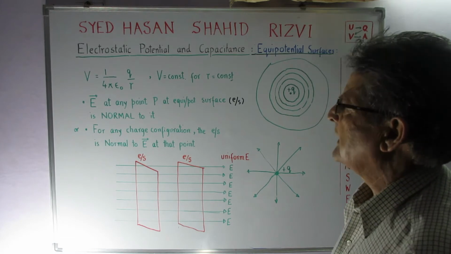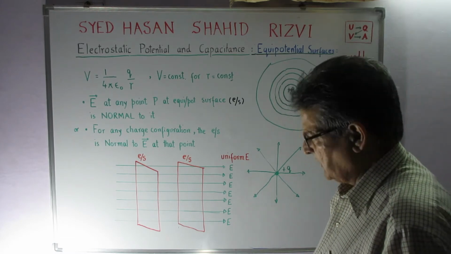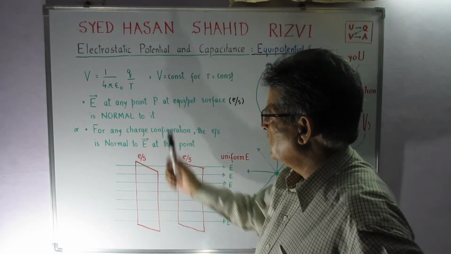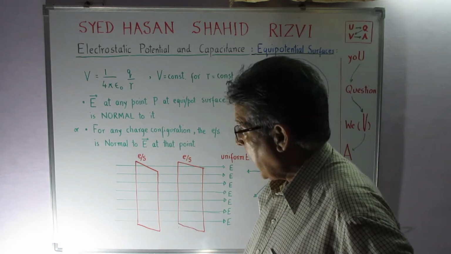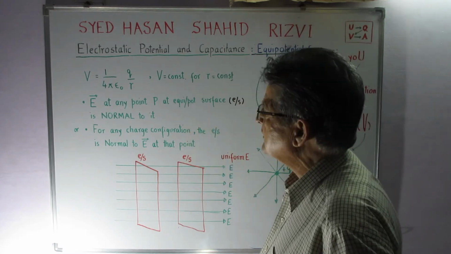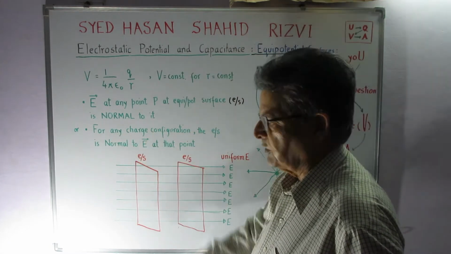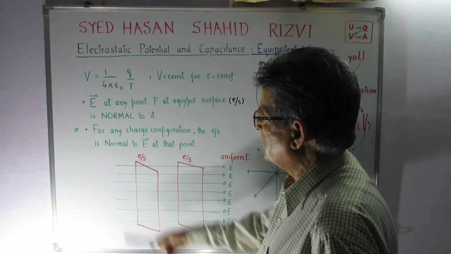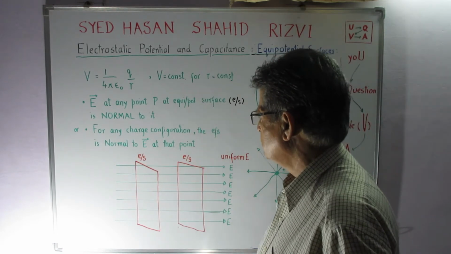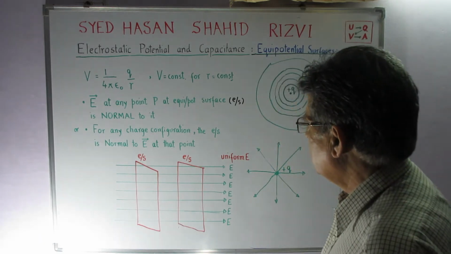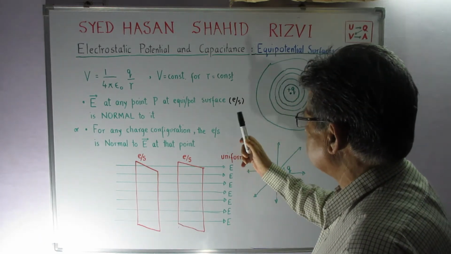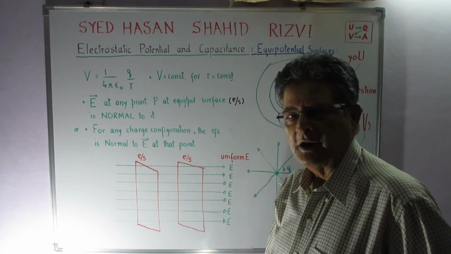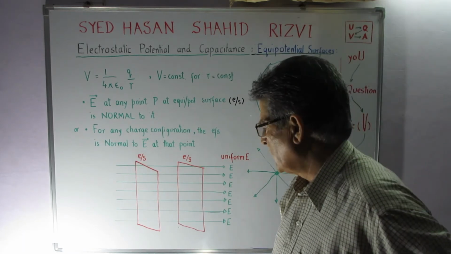Now let's see. There are two parallel statements. The one is that the electric field at any point P on an equipotential surface is normal to it. Alternately, we can say that for any charge configuration, the equipotential surface is normal to E, the electric field at that point.